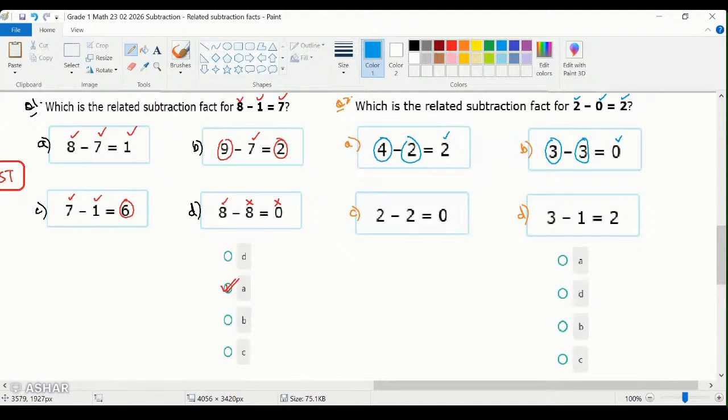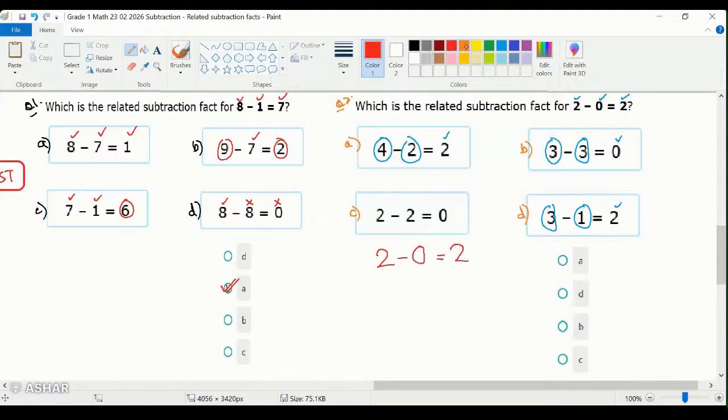For the D option, we don't need the 3, we don't need the 1, but 2 is there. If we look at this option over here, the question was 2 minus 0 equals 2.